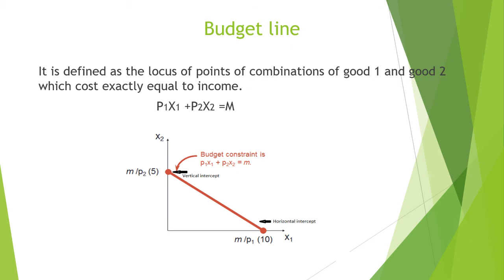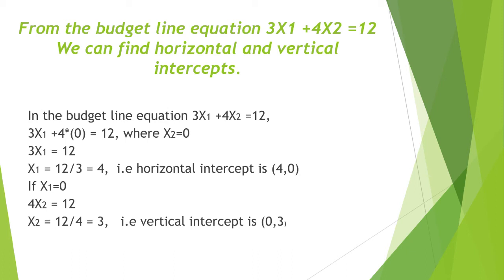From the budget line equation, for example, 3x1 + 4x2 = 12, we can find the horizontal and vertical intercepts. If x2 equals 0, that is, if he spends nothing on x2, then 3x1 + 4 into 0 equals 12. 3x1 + 0 equals 12. 3x1 equals 12. x1 equals 12 divided by 3, that is 4.